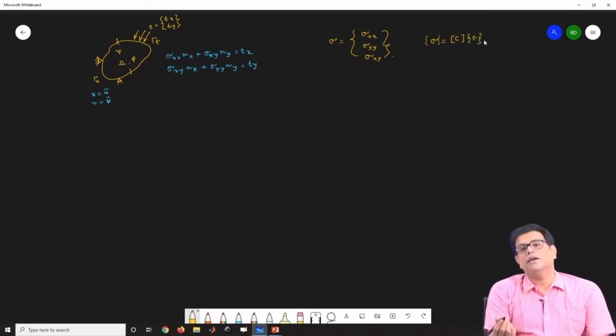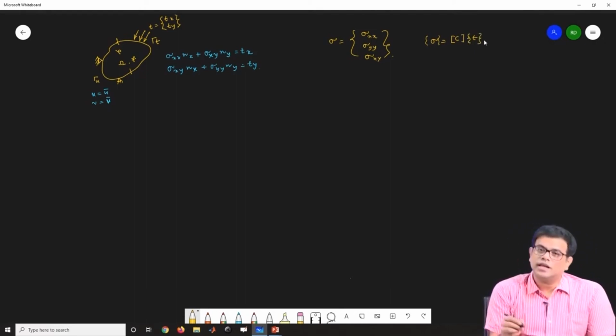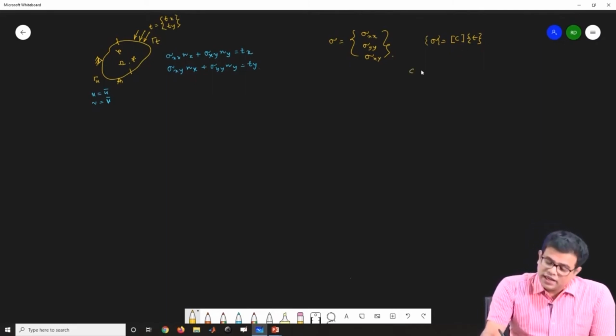Epsilon contains epsilon xx, epsilon yy and 2 epsilon xy. C contains C11 and so on; C is a matrix.